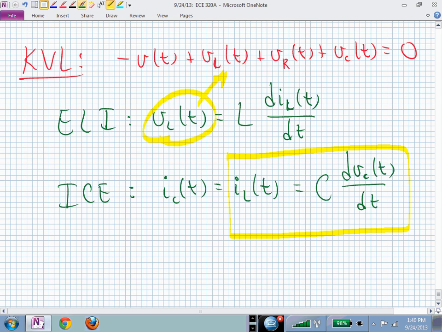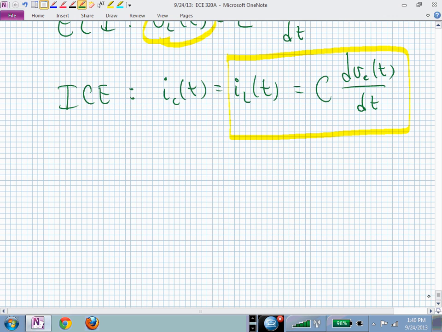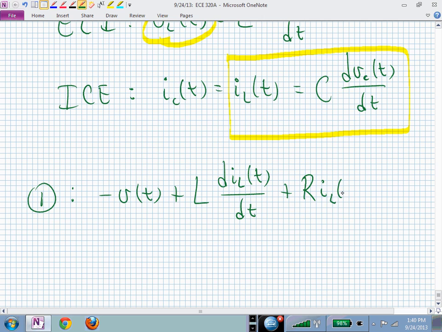My first equation comes directly from KVL: minus V of t plus V sub L of t, which is L di sub L dt, plus R I sub L of t, that was V sub R, plus V sub C of t is equal to 0.